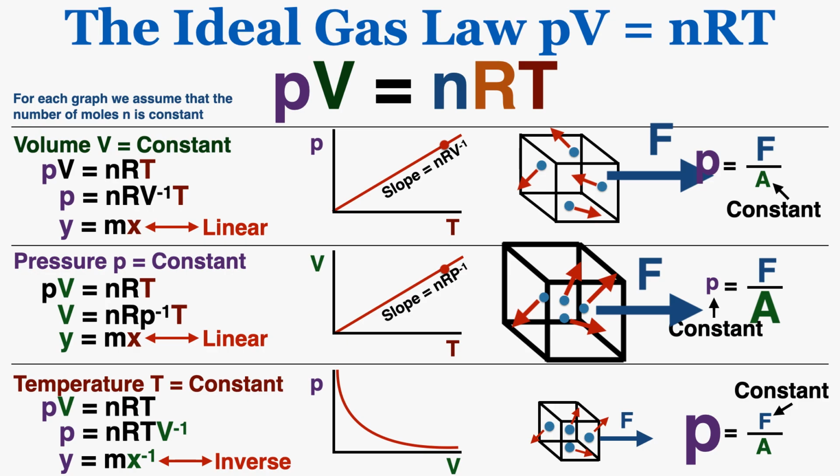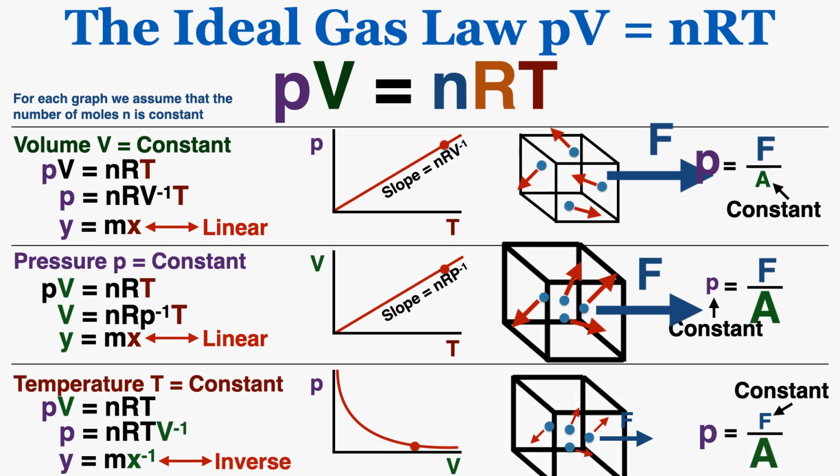We're not increasing the velocity of the particles. If we don't increase the temperature, that means the force applied by the particles will remain constant as well. And if we increase the volume, the area that they impact is going to become larger. So if we hold F constant and make A larger, you can see that as a result, the pressure shrinks, just like it shows it doing on the graph. So as the volume increases, the pressure decreases, as long as we're holding the temperature constant.